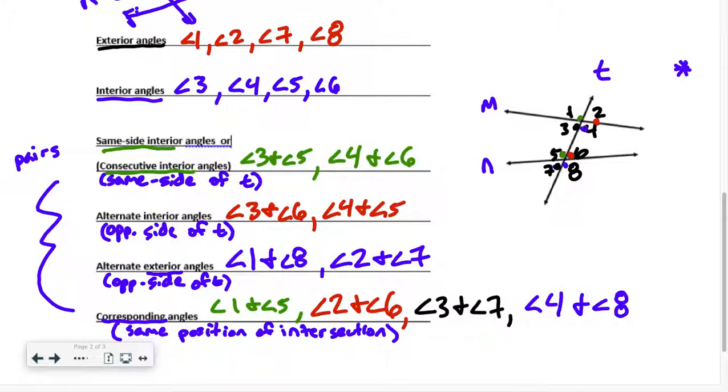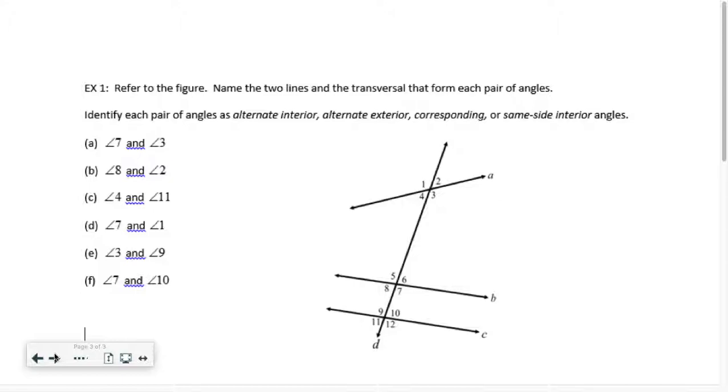And so if we go to our next page here, refer to the figure, name the two lines and the transversal that form each pair of angles. Let's get through this example here. Identify each pair of angles as alternate interior, alternate exterior, corresponding, or same side interior angles.